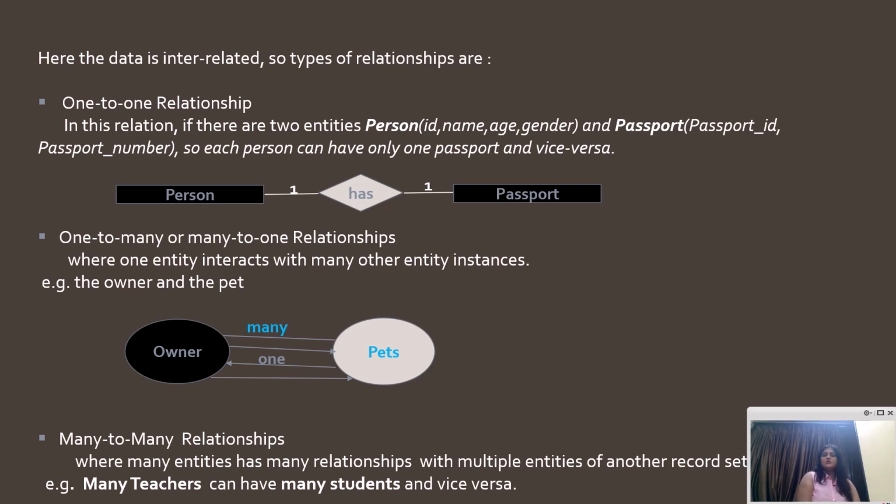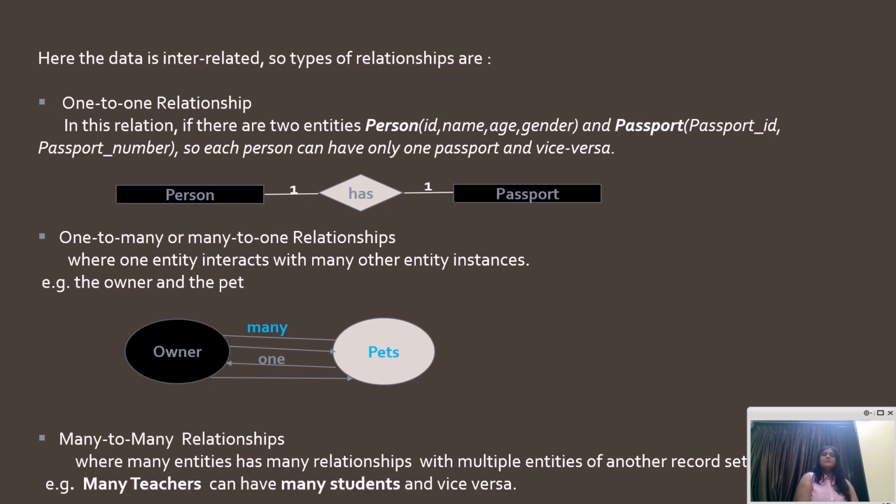Now, one-to-many relationship or many-to-one relationship. Here we have the example where one entity interacts with many other entity instances. Suppose we have the entities owner and pet. One owner has so many pets, but a pet has only one owner. In that case, we have a one-to-many relationship.